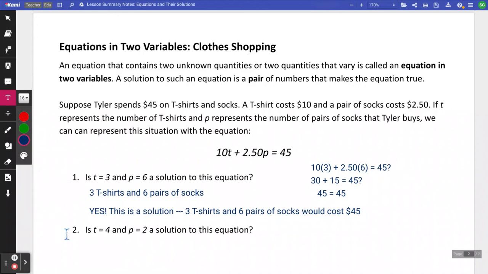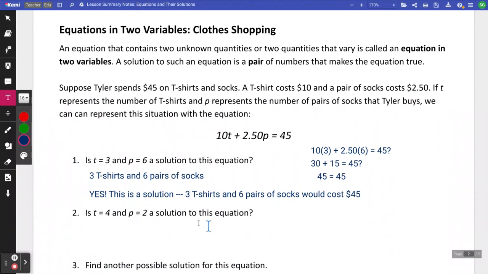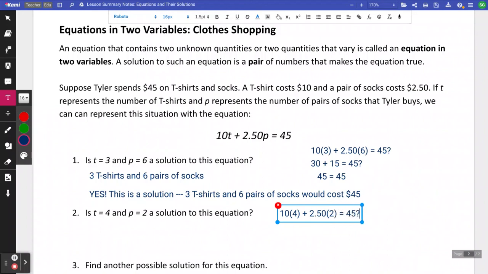Number 2, it's going to look real similar to what we did in number 1, except now we're using different values. For number 2, I'm checking to see, could he buy 4 t-shirts and 2 pairs of socks? I'm going to substitute 4 for t, and I'm going to substitute 2 for p, and I'm checking to see, would it equal 45? 10 times 4 is 40, 2.50 times 2 is 5, and sure enough, I see it is a solution.